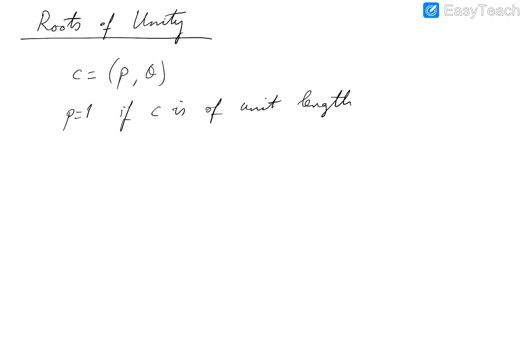So the nth power of the complex number is denoted by c to the power n, and this can be written as rho to the power n and theta times n. So taking the nth power is basically multiplying the phase n many times if we are working with unit length vectors.